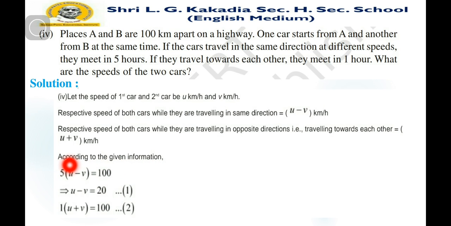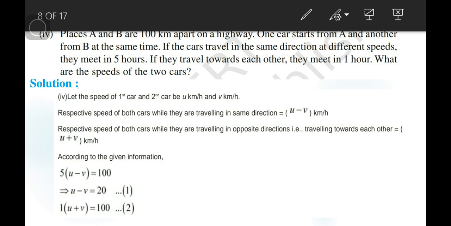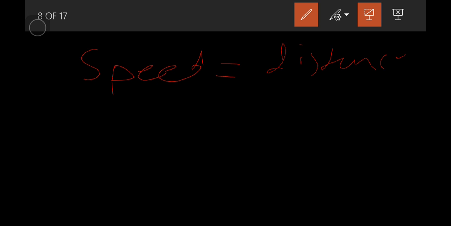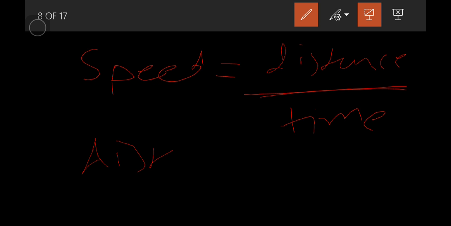Now we know that the formula of speed is equal to distance divided by time. So if you want to find distance, then distance is equal to speed into time.